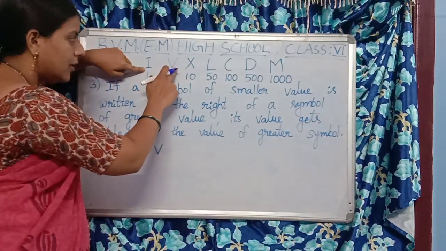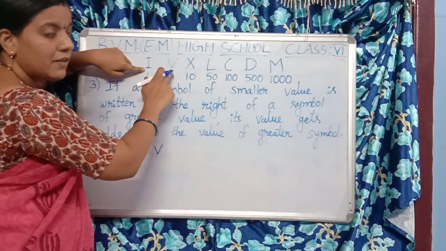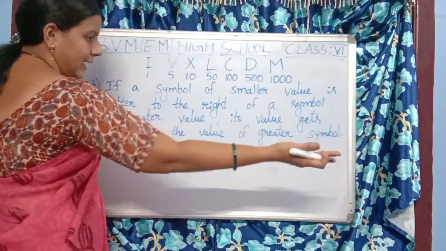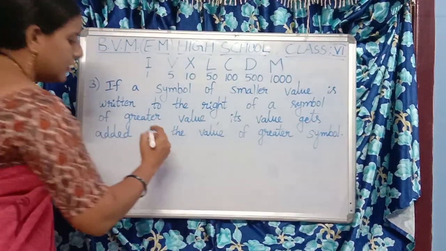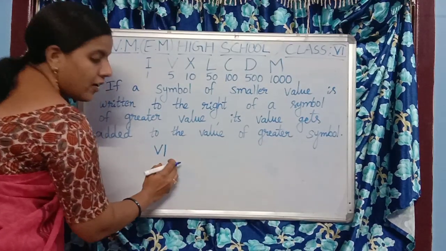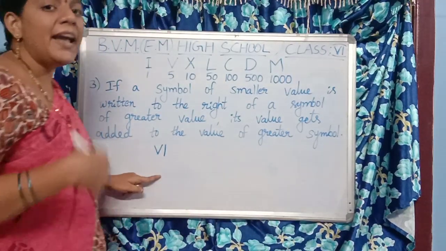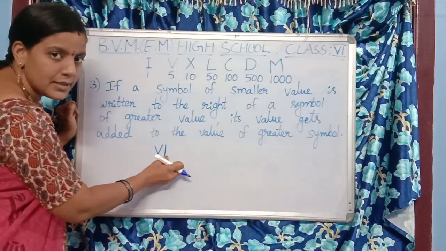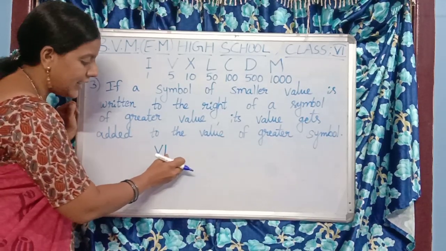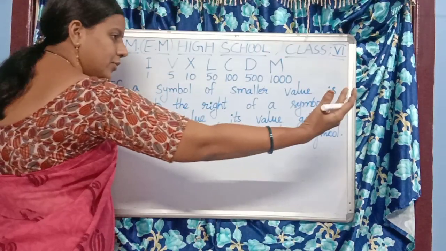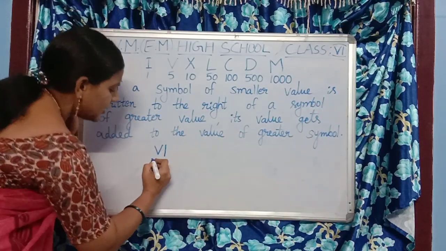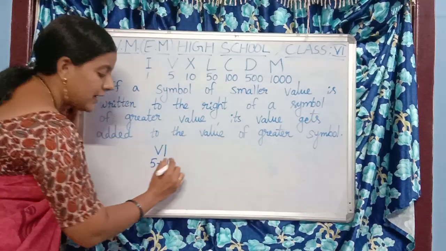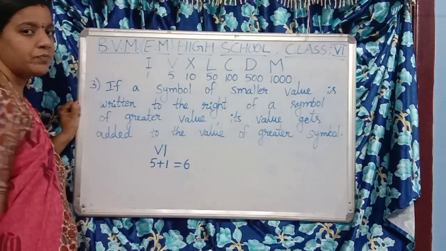Comparing V and I, I is the smaller one. When it is on the right side of the greater symbol, it should be added. Five plus 1 means 6.